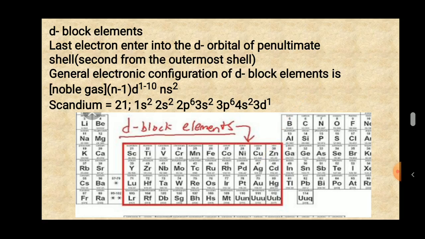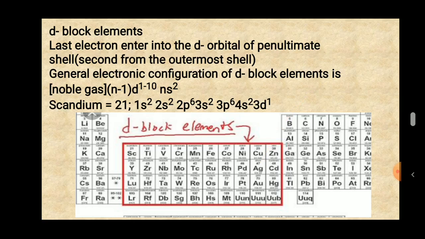Now next, d block elements. Here the last electron enters into the d orbital of the penultimate shell. What is the meaning of penultimate shell? It means the second from the outermost shell.